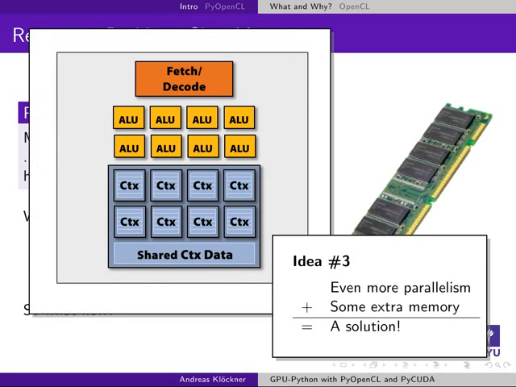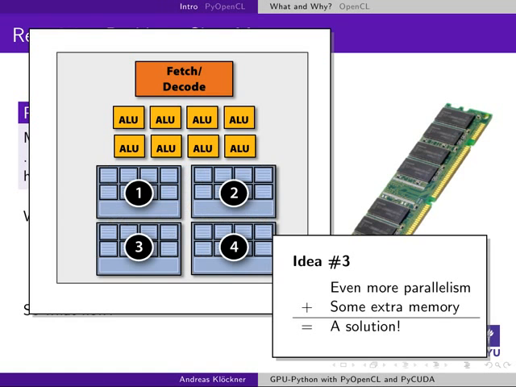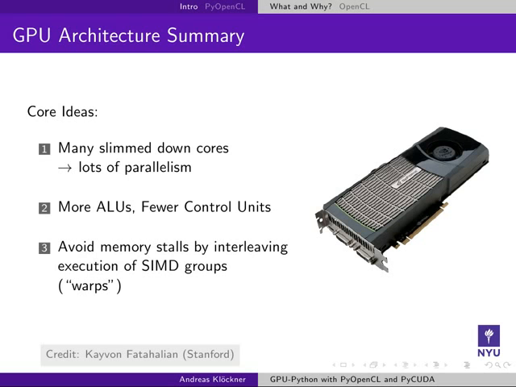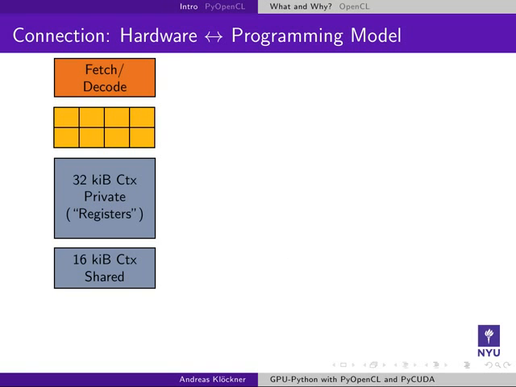And there, simply by adding some more context storage and some more logic in the fetch and decode, we've actually solved the memory problem as well. So these are, in my opinion, the 3 core ideas that make up the GPU architecture in a pretty small nutshell. Right, so this gives us roughly the chip that we're working with, the core that we're working at.